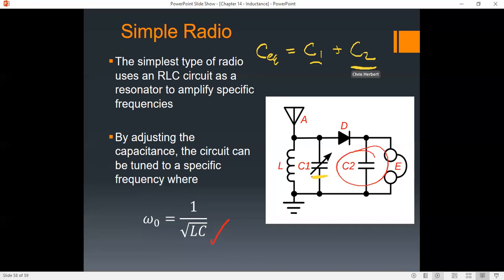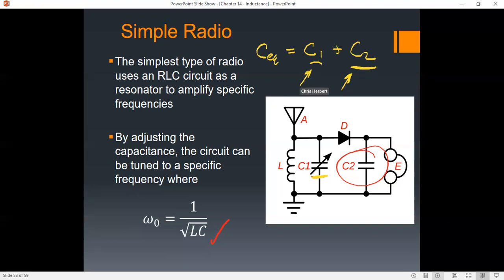C2 gets you in the general region of where you want to tune. So let's say that we're tuning in the AM band, that goes from like 500 kilohertz up to like 1.5 megahertz. So this would sort of get you in that ballpark.